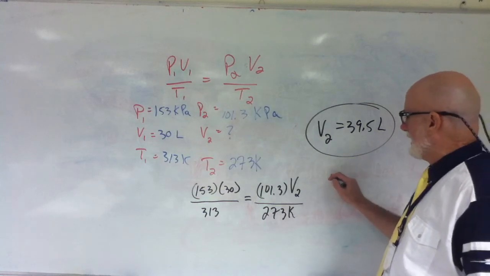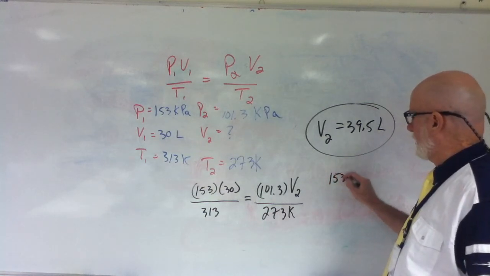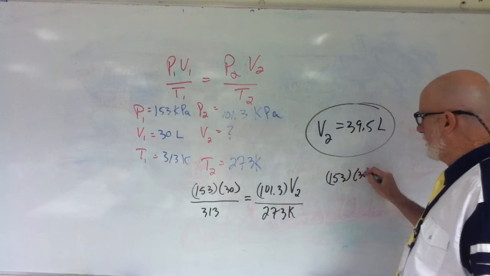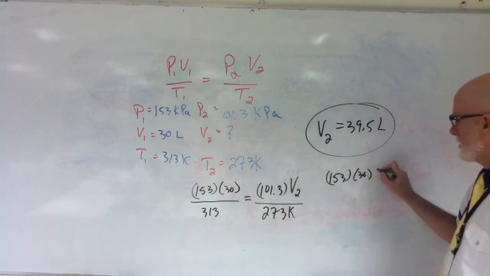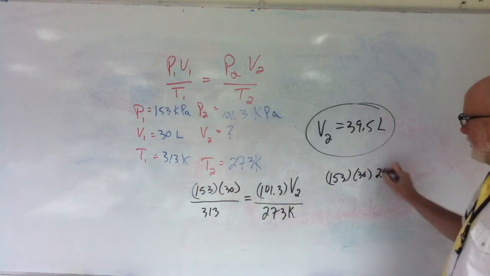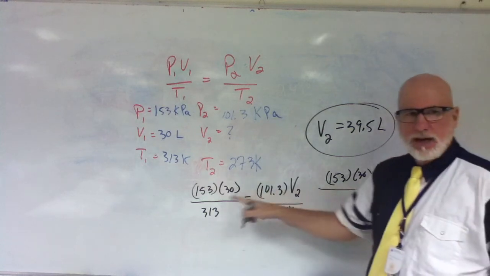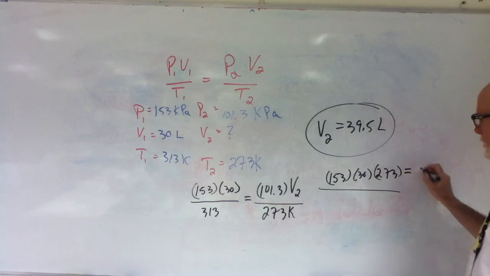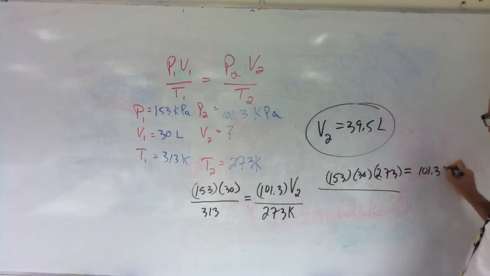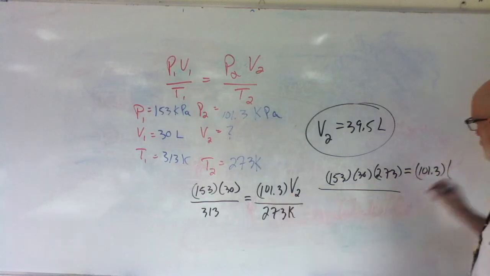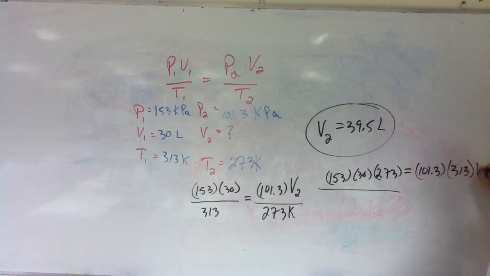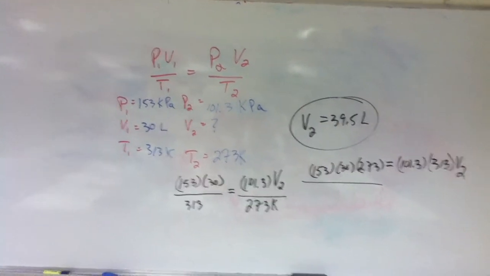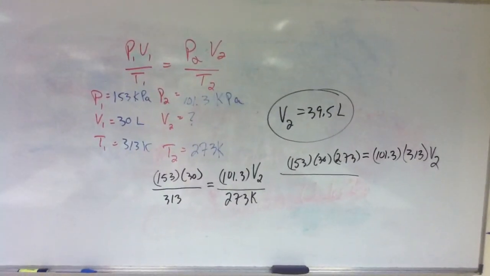So what I did was I said 153 times 30, this times this, times 273, divided by the rest, cross multiply and divide. This was equal to 101.3, 313, V2. Is that on the screen? Barely. I'm going to move this a little bit. Okay.